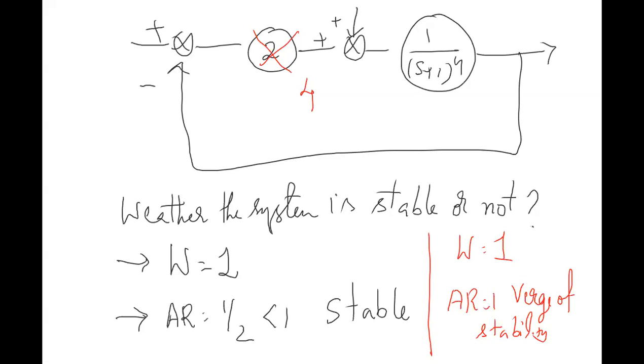Yeah, we will solve the GATE questions. How they will ask is whether it is stable or unstable. They will put this value as, let's say, simply Kc. What is the value of Kc at which the system is stable?